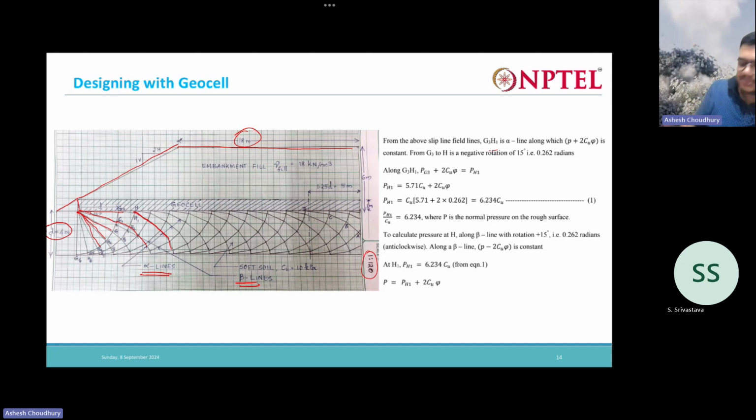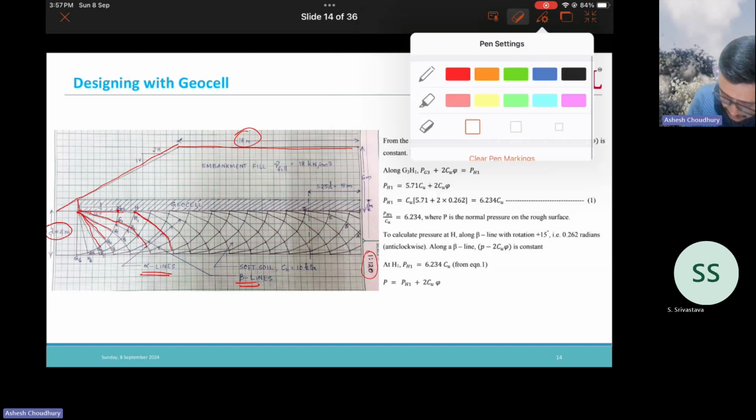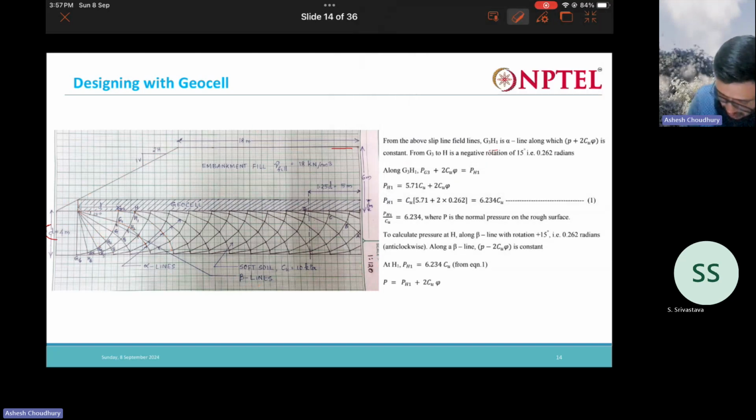Now at this G3 point, I will erase the others, wait. At this G3 point, we already know the pressure. It is nothing but 5.71 Cu. We already discussed this before.